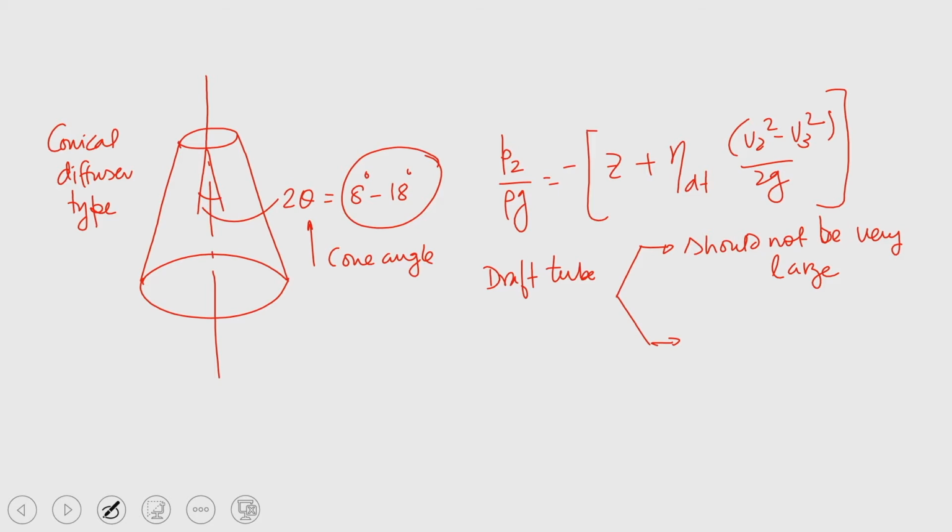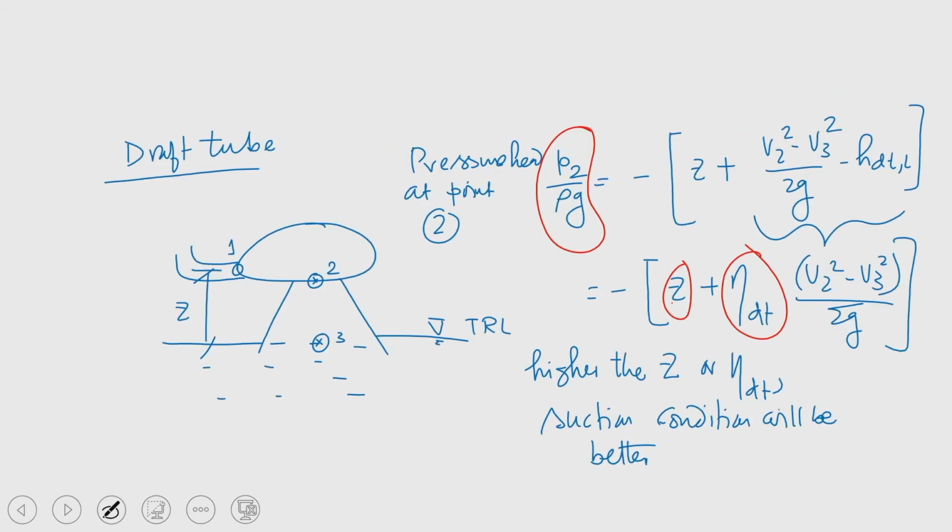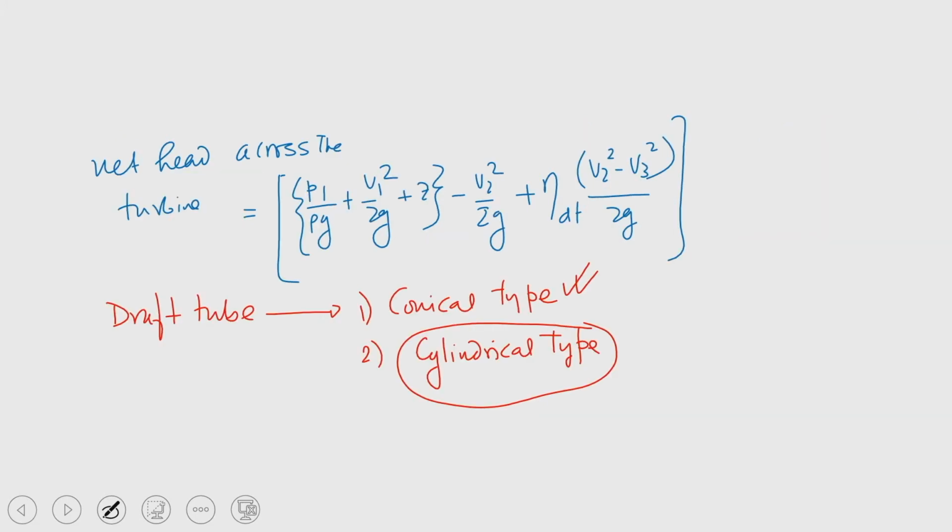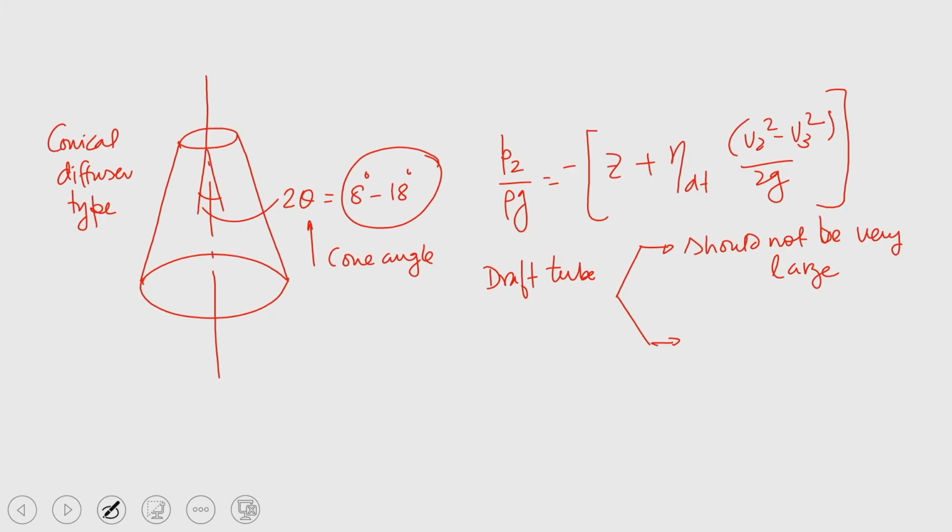So, you know from the definition itself, if we can minimize this fellow, then perhaps the efficiency will be more. So, you know that efficiency is also related to the frictional loss. Higher the length of the draft tube, higher will be the frictional loss, and also the cone angle will not be large.